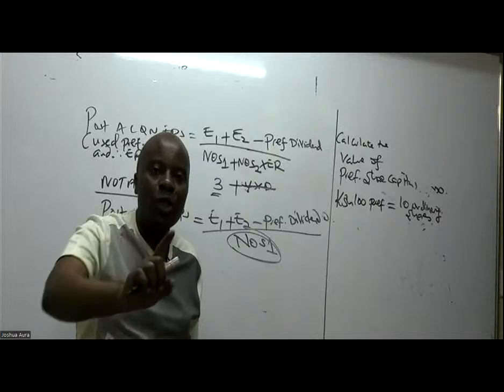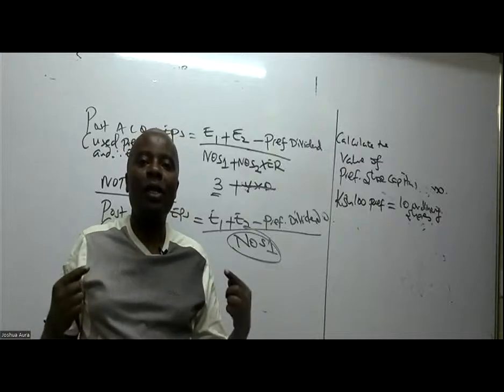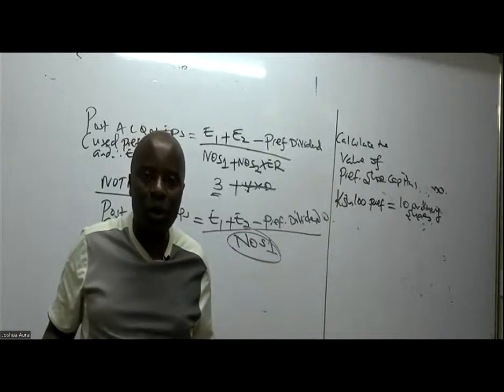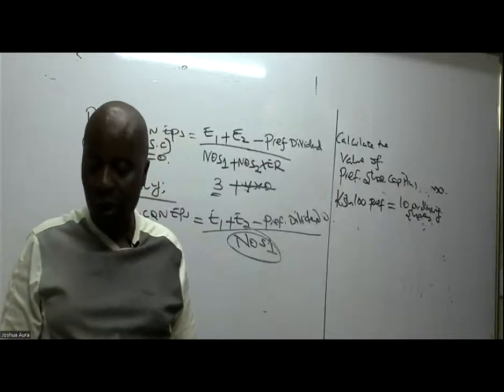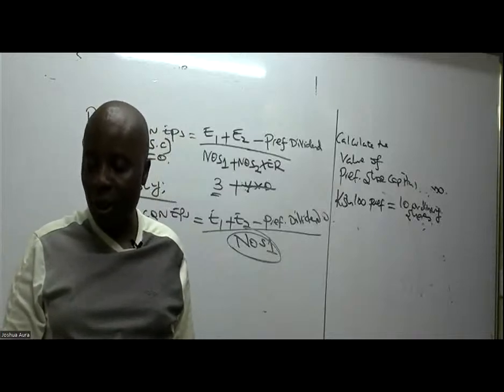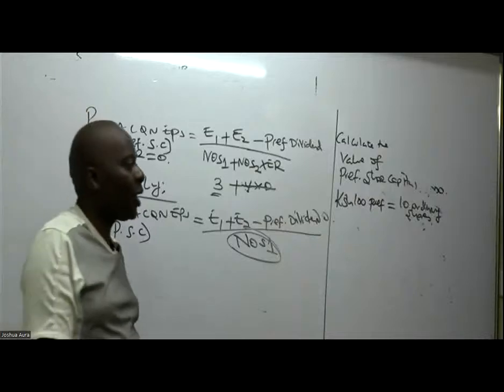So what I need to do is to appreciate how many shares this targeted company has in total. If you look at this company very well, the number of ordinary shares it has is 2.5.